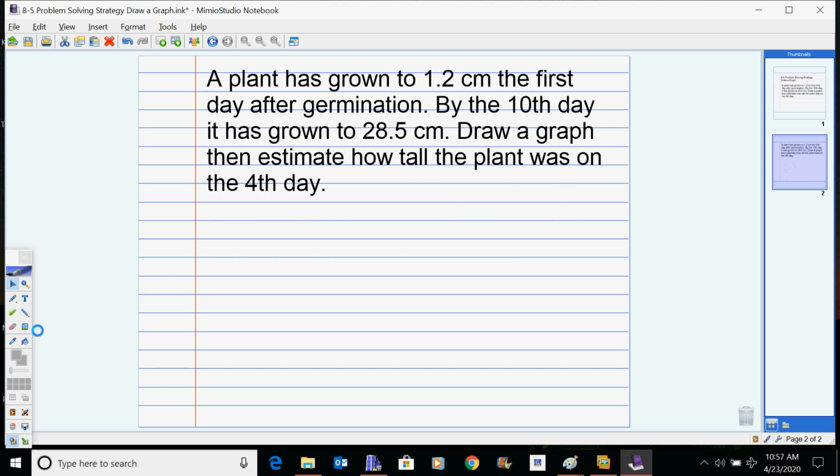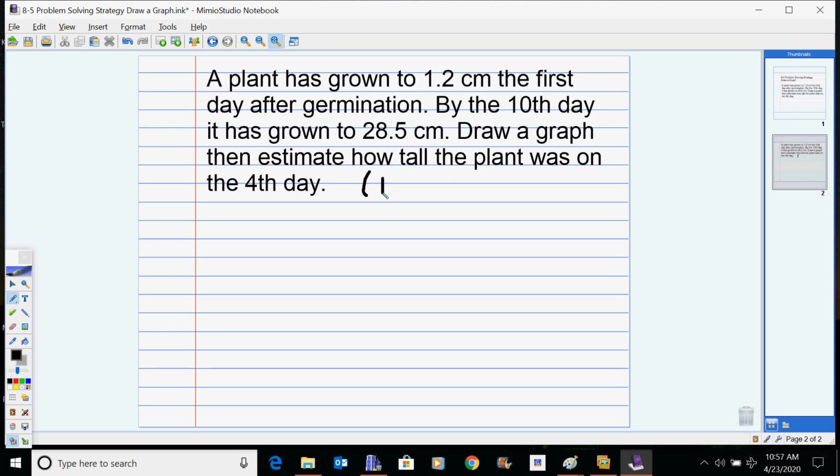So what we need to do when we make a graph is think about it in terms of ordered pairs. Now, we have days and we have growth. And we're going to assume that the amount of growth depends on what day you're on. So we're going to make a couple of ordered pairs. And ordered pairs always represent something.